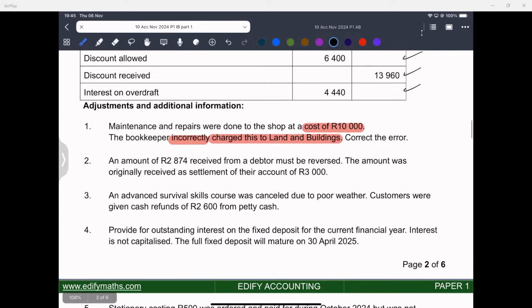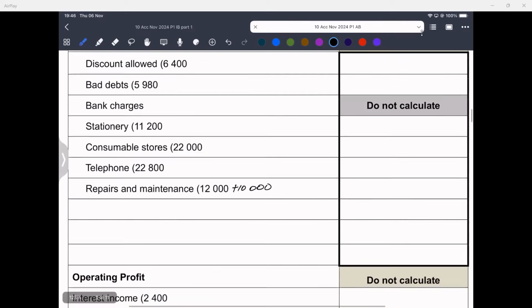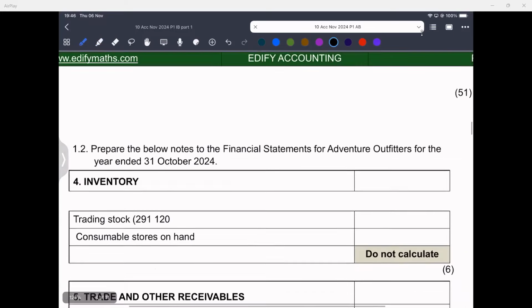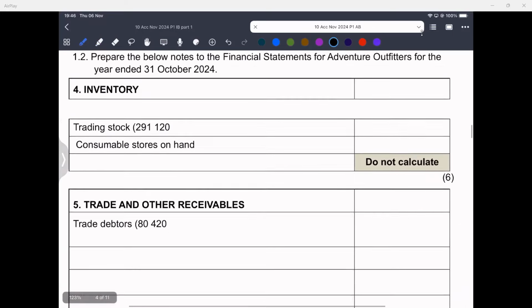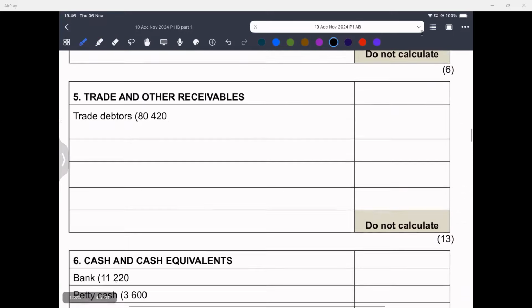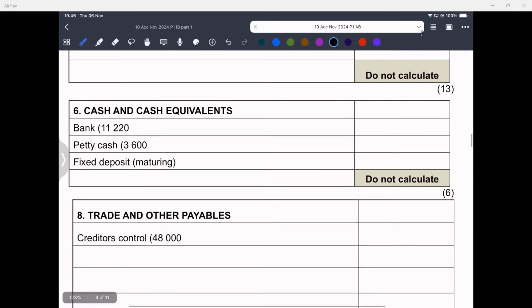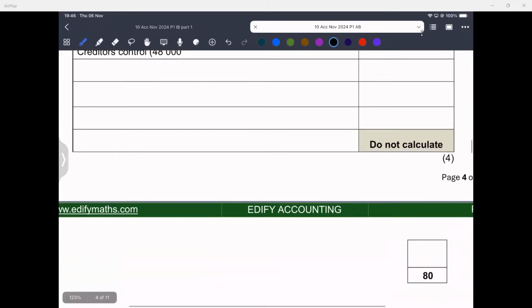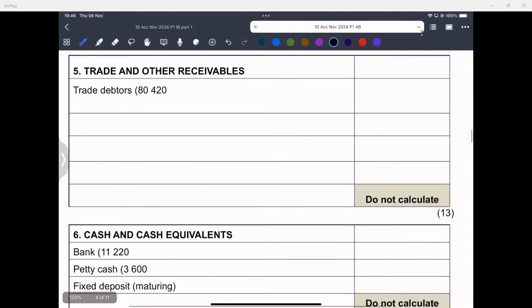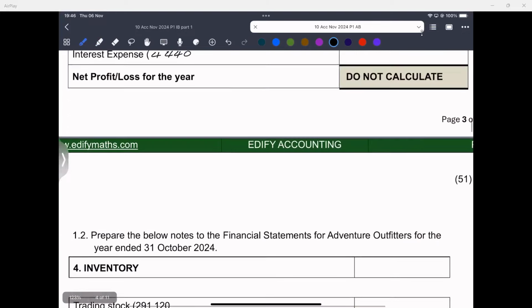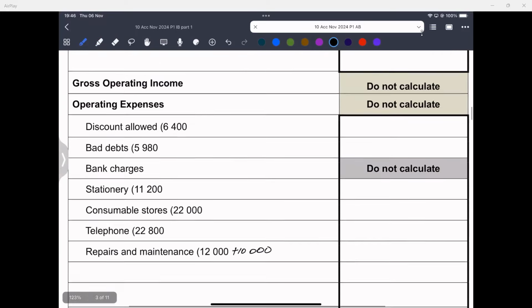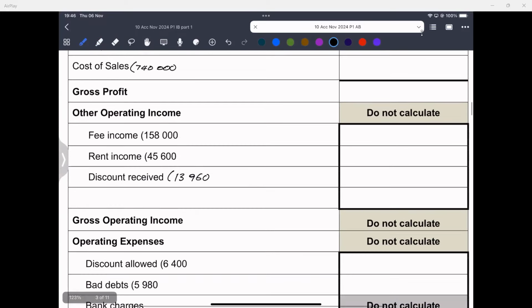Now it says here an amount of 2,874. Just to specify, guys, when you look at your answer booklet, there is no note number 3. So this is basically what is being required, and there is no note number 3. If there was note number 3, I was going to subtract that 10,000 rand from land and buildings.